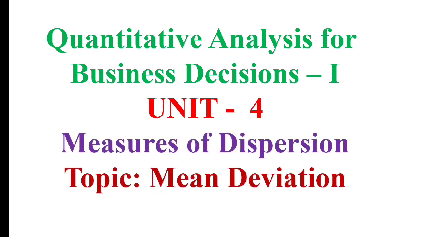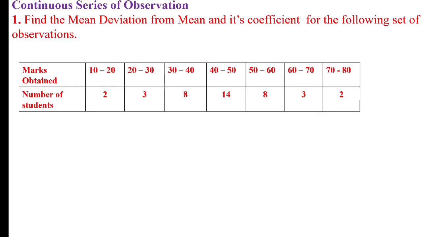This problem is a continuous series of observation because of the interval format. In this problem, the exclusive class interval type is already there, so we can go directly to solving the problem.